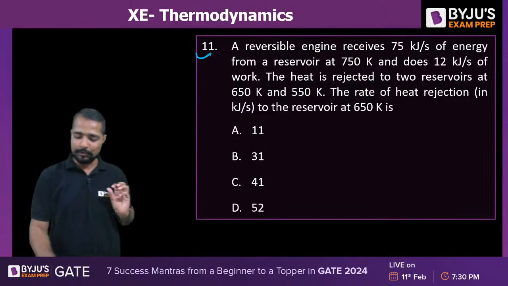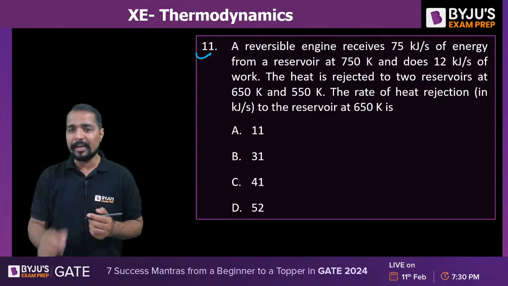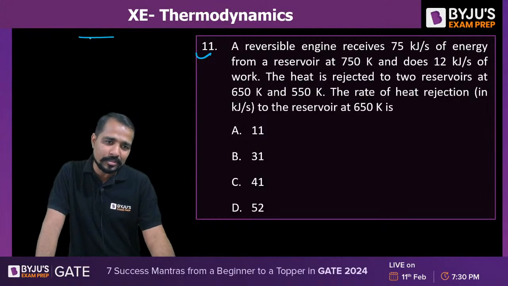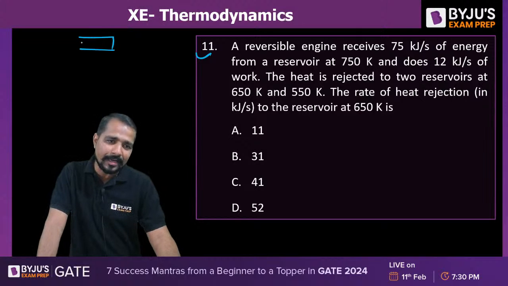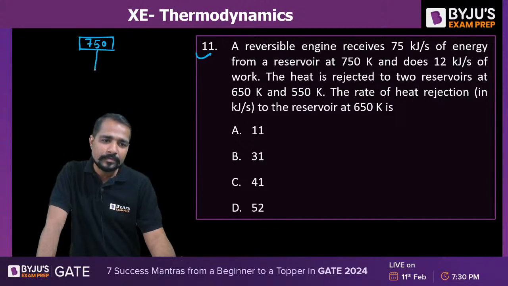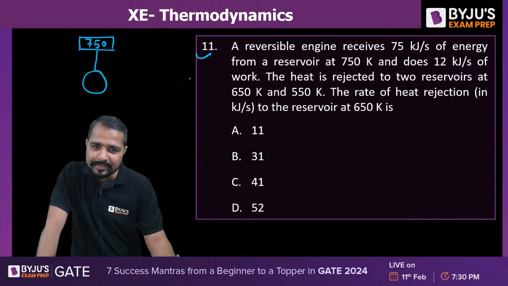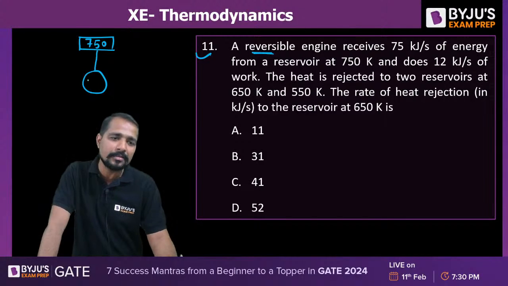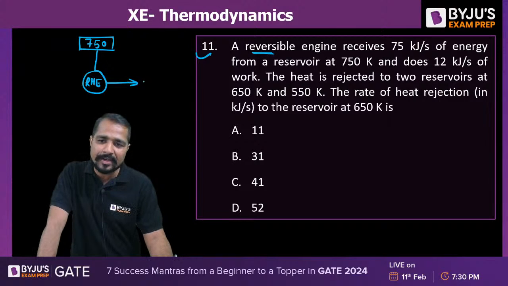Again the new question for you, Abhi, but maximum of you are able to write the correct answer of this question, my dear. Sir, there is one single reservoir that is maintained at 750 Kelvin. After that, there is the reversible heat engine. It is already clearly mentioned in the question. Reversible heat engine. Work is done by this 12 kilojoule per second, my dear.